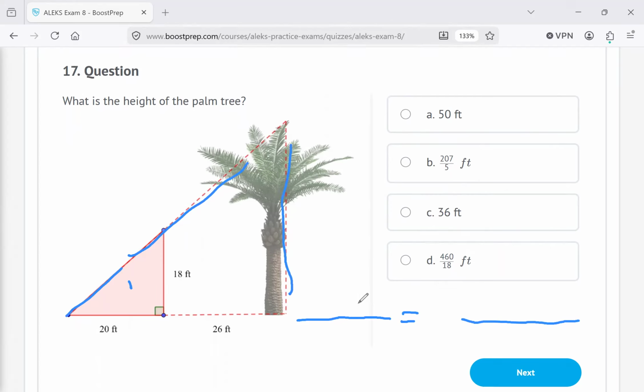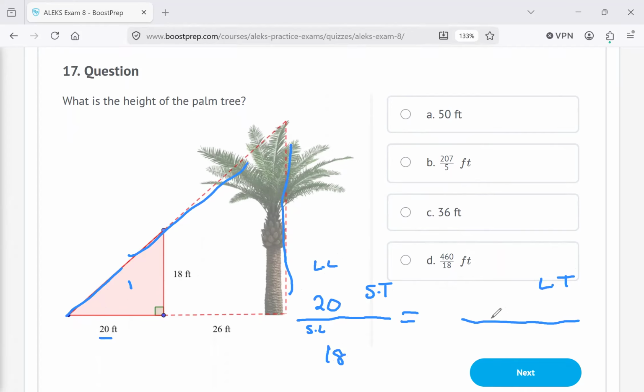So maybe we could do the smaller triangle here, and on the right, the larger triangle. On the left, 20 and 18, they're both legs, right? This would be a larger leg and this would be a smaller leg. So over here, the larger leg is 20 and the smaller leg is 18.